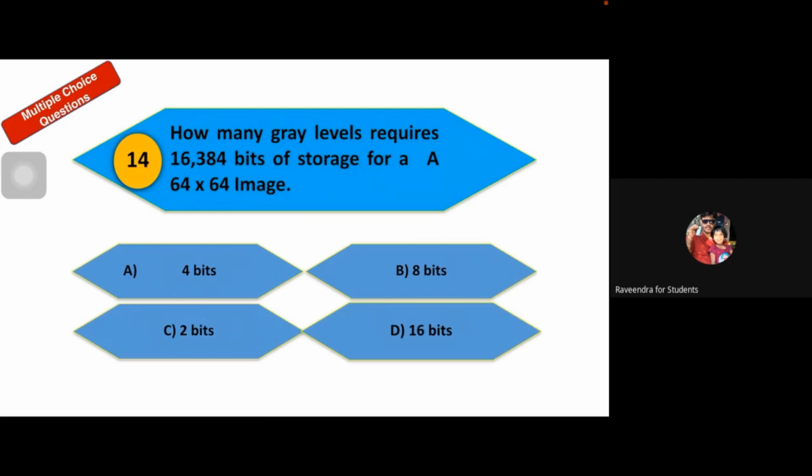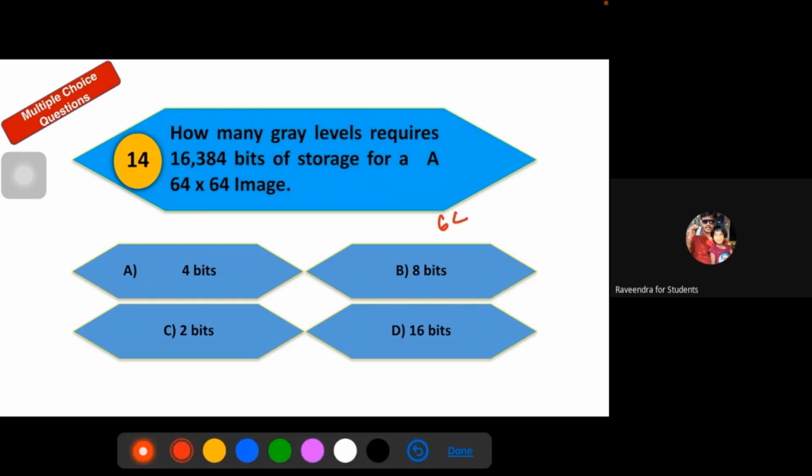14th, how many gray levels require 16,384 bits of storage for a 64 by 64 image? So we have already seen this type of bit in previous slides. Now here 64 into 64 into 2 power n is given as 16,384.